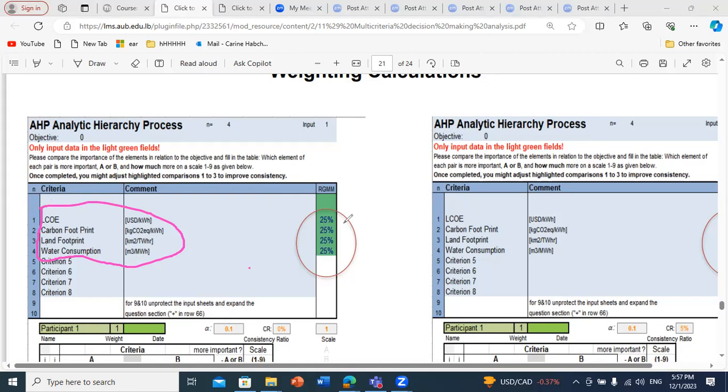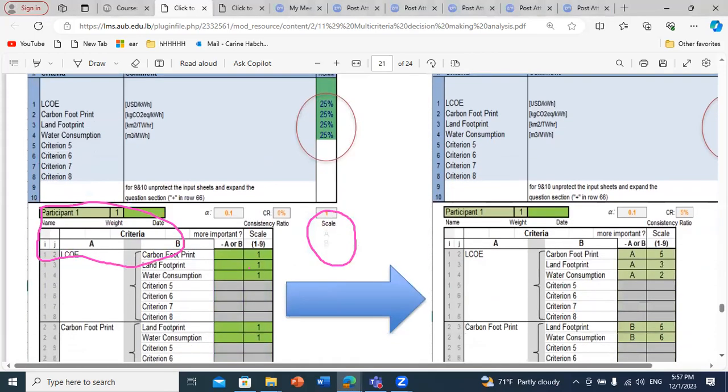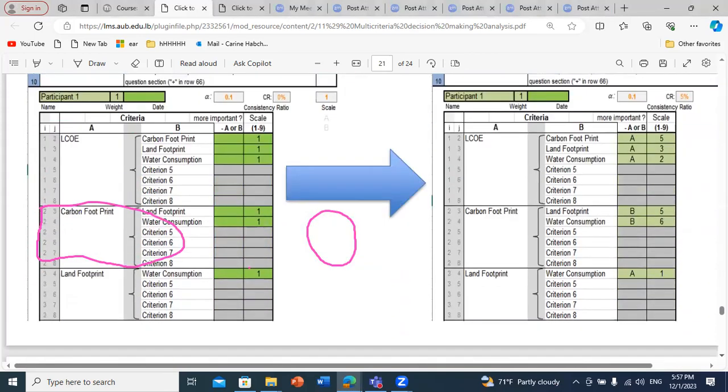How were they able to put the grades? And I have weights of 25% for each. When I have 25% for each, this means that in general, on average, the options were equal. So, for example, how would I give you scores? I did questions. I first started by comparing LCOE to all the other remaining options.